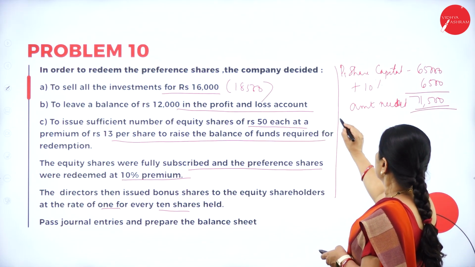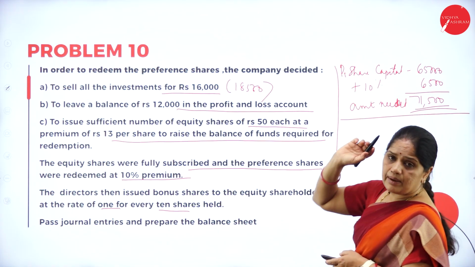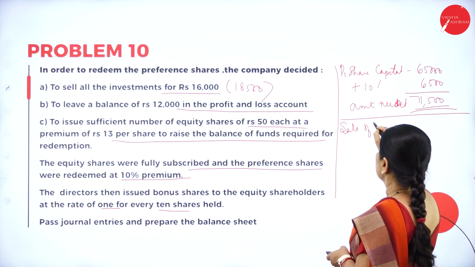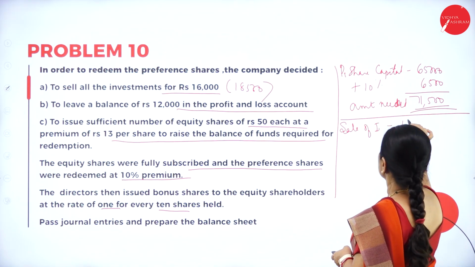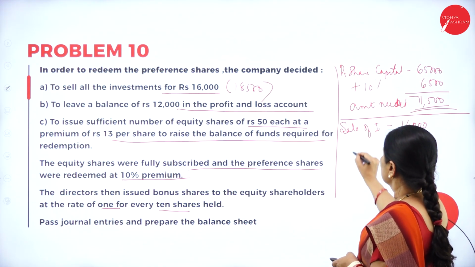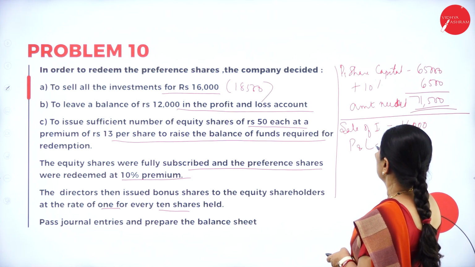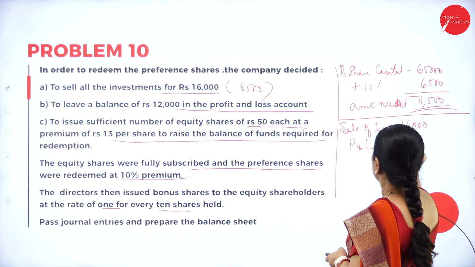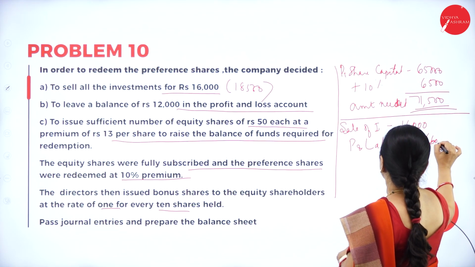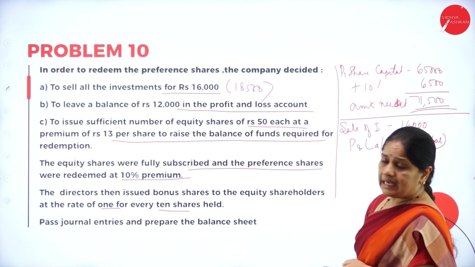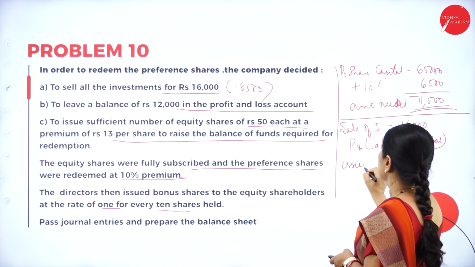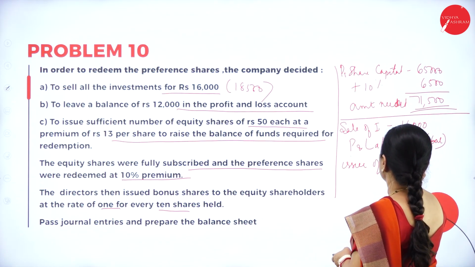So then for this, what are the various arrangements the company has made? The sale of investments. Sale of investments is at 16,000. They are selling the investments. Then they are making use of the P&L account, profit and loss account. The balance to be maintained is 12,000. The rest of the money they can use. Then the issue of equity shares.